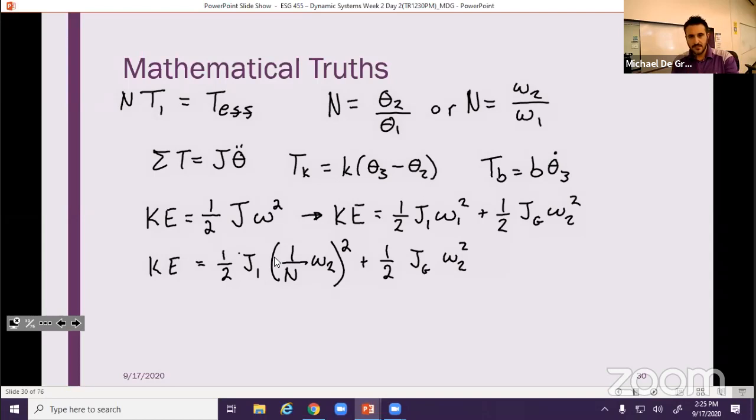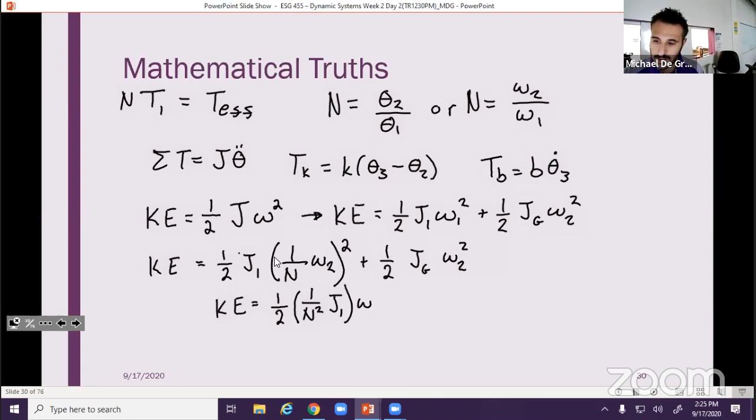So now that everything's in terms of omega 2, I can do some algebra on this. I'll have 1/2 of 1 over n squared, because 1 over n squared is 1 squared over n squared, times J1 omega 2 squared, plus 1/2 J_G omega 2 squared.